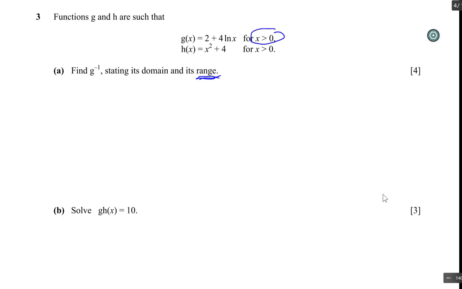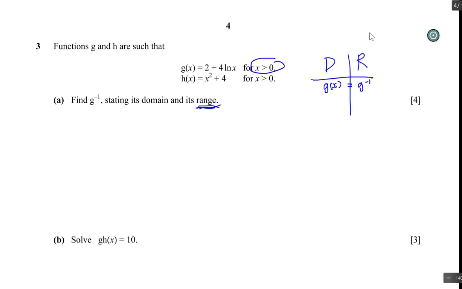So you just remember, for g(x), the domain will be the same as the range of G inverse. They will be the same. Okay, I think doing this table confuses you even more. Never mind, maybe I can just write it down.